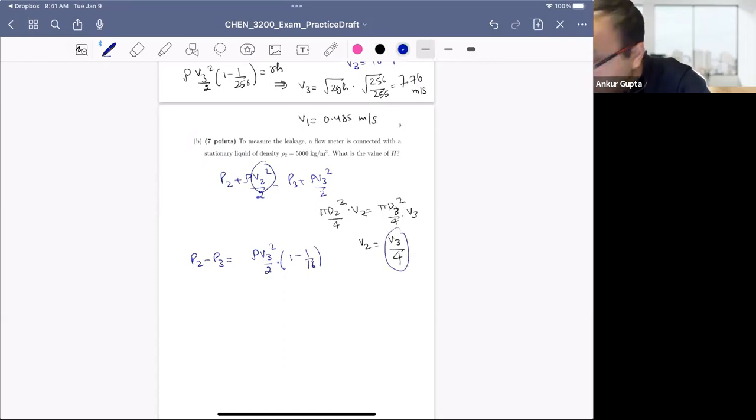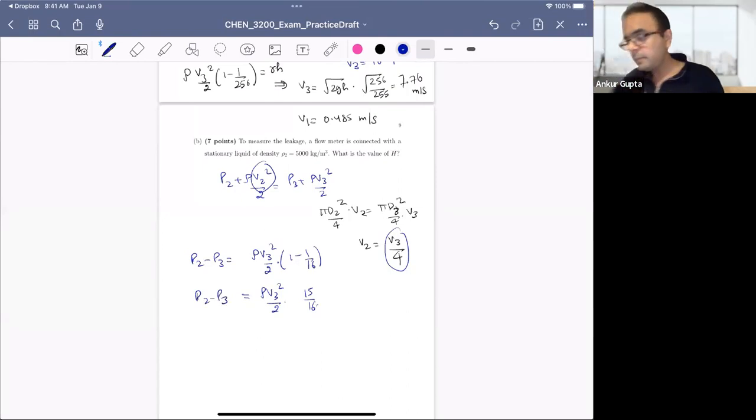So it will be 1 by 16, so this becomes 15 by 16. So this is rho V3 square by 2 times 15 by 16. It's P2 minus P3. All right. So that is continuity applied.